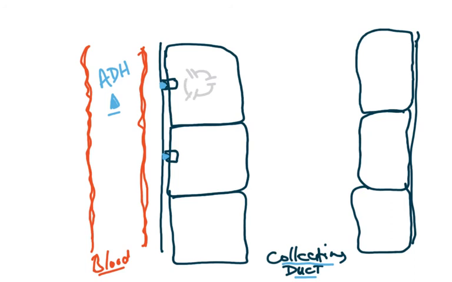As soon as the ADH attaches, these vesicles move to the lumen side. This is the lumen side. As they move towards the lumen side, they will come and get attached to this part.